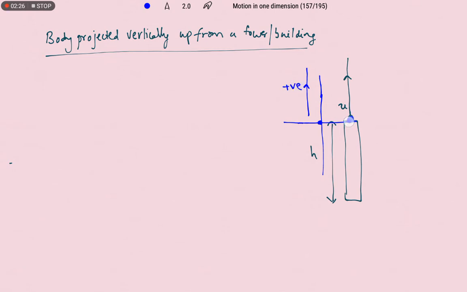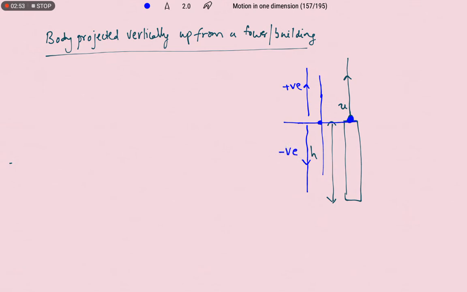The height of the tower we measure from the reference point to the ground, not from the ground to the reference point, so the height is measured in the downward direction. Downward direction physical quantities are taken as negative, and upward direction physical quantities are taken as positive. These are the sign conventions for this kind of motion.